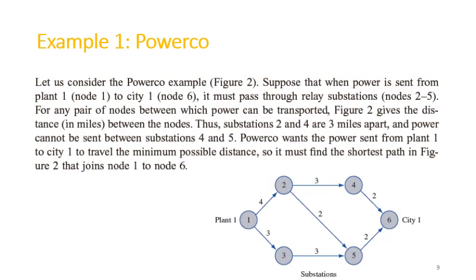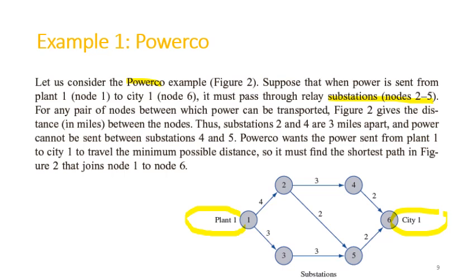So the network that you see in the previous slide actually comes from the first example. In this example, the electricity company PowerCo would like to send some electricity from its plant 1 to city 1. When sending that electric power, it must pass through some relay substations. So it must pass through these other nodes.